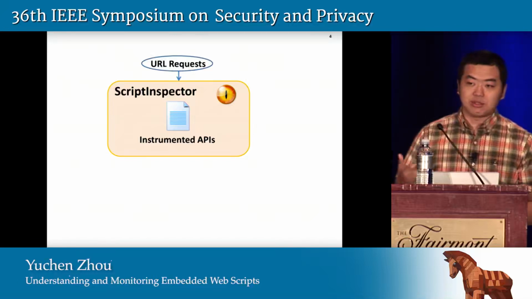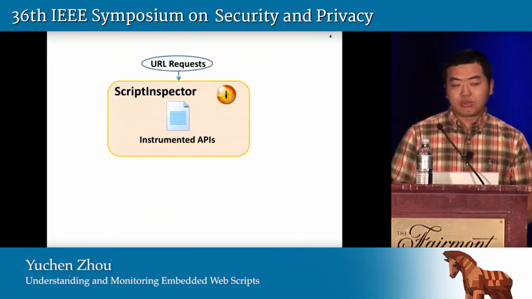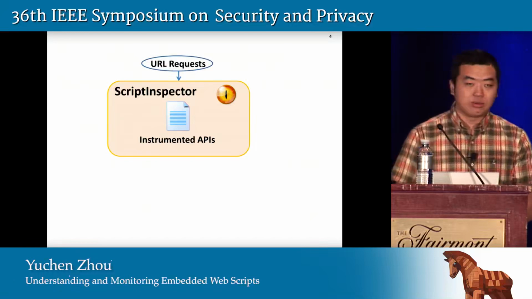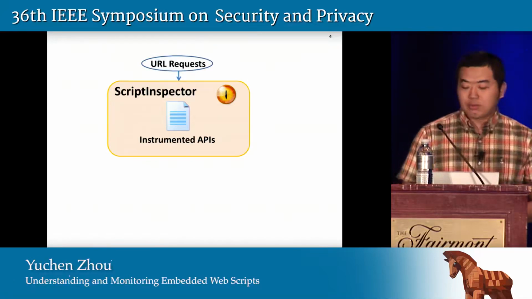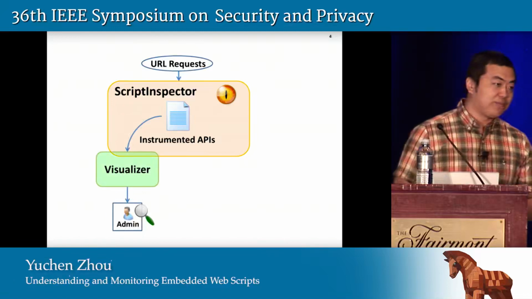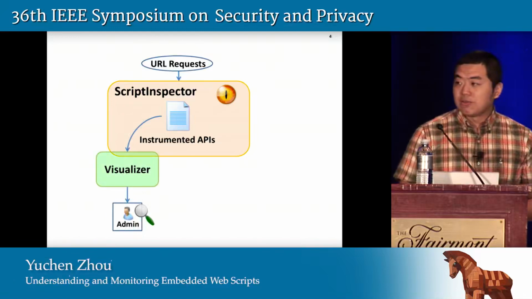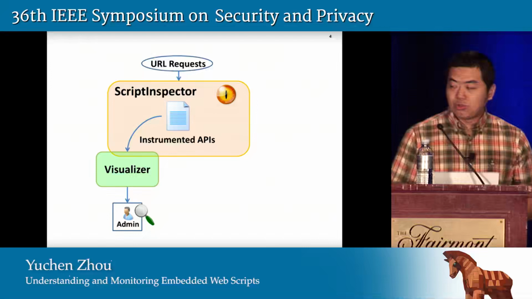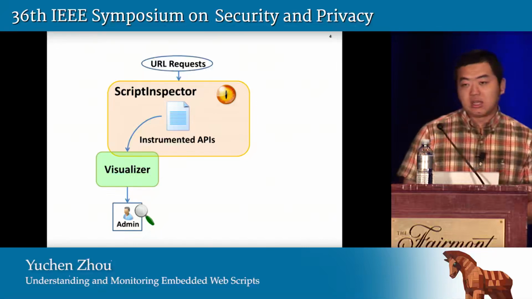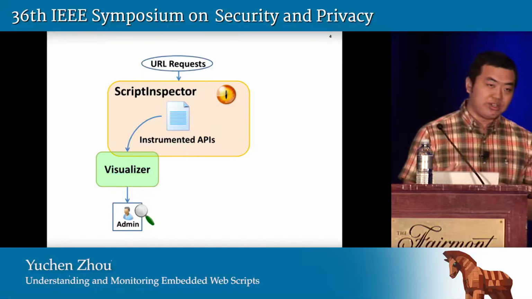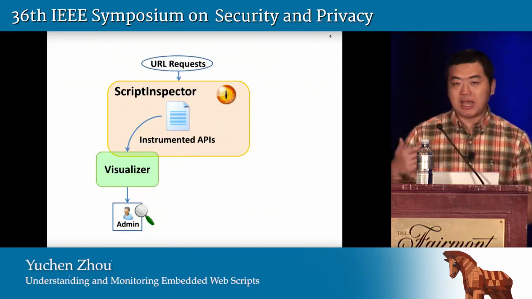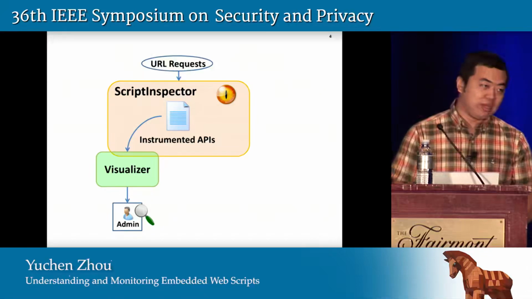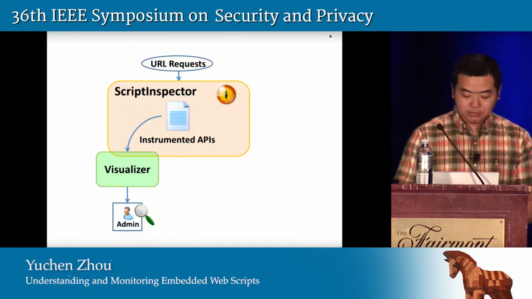They intercept critical calls to resources such as DOM, cookies, or network access, and output a trace, which can be visualized by the visualizer component. The visualizer is an extension to Script Inspector, and the site administrators or concerned users can view the highlighted elements of the page which are being accessed by the third-party JavaScript.